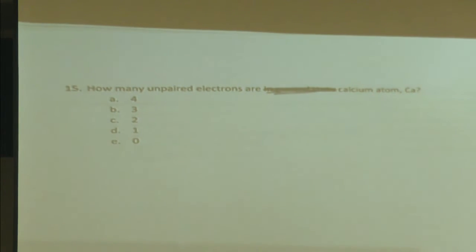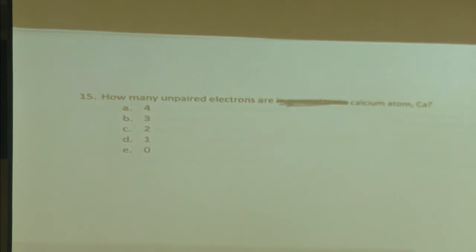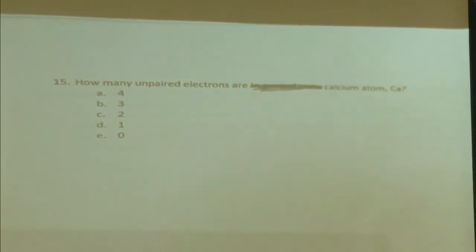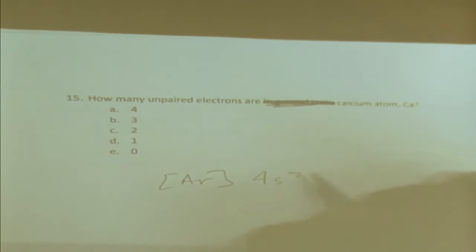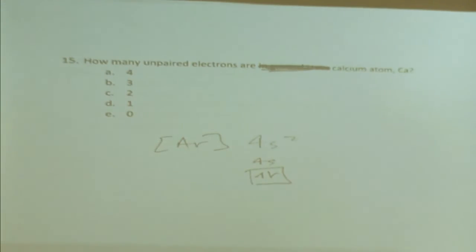So how many unpaired electrons are in the calcium atom? That's kind of how we can look at this question. So does anybody know the electron configuration for calcium? Any unpaired electrons? No.